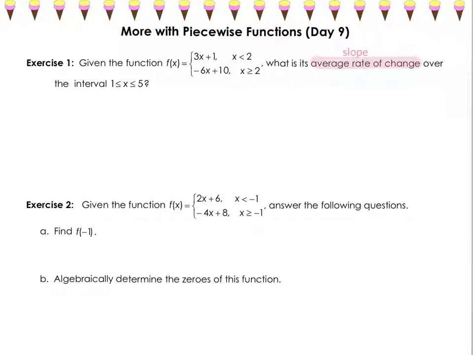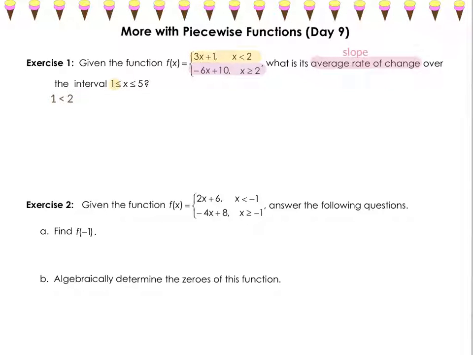So if we look at our piecewise function, whenever the x values are less than 2, we're going to use this top function. And whenever the x values are greater than or equal to 2, we're going to use this bottom function. So the first one I look at is this 1. Well, I think that 1 falls in that top interval, and that's because 1 is less than 2, so it fits in that domain.